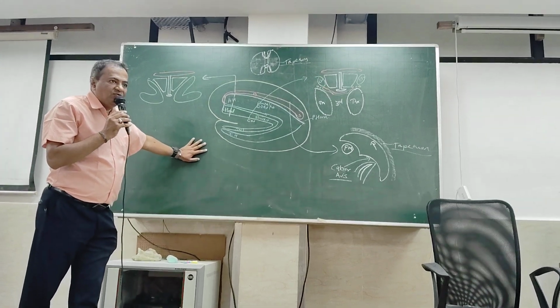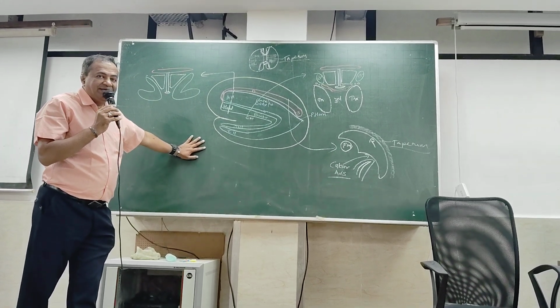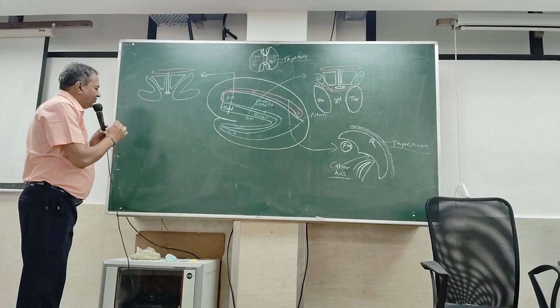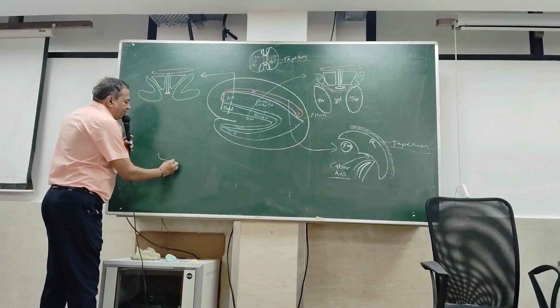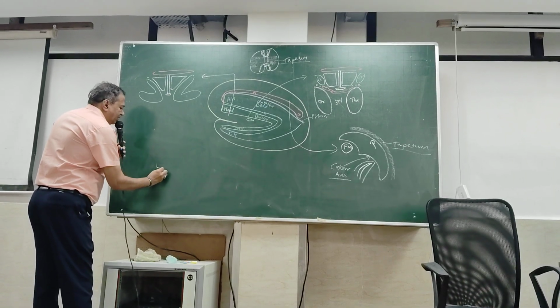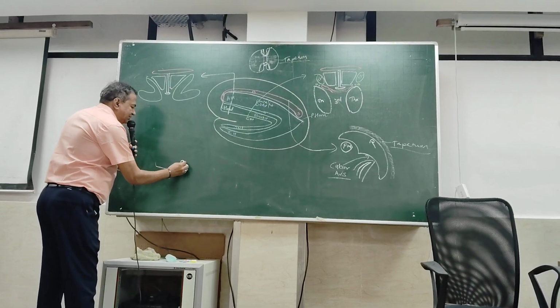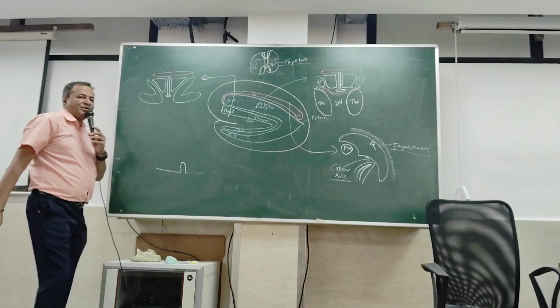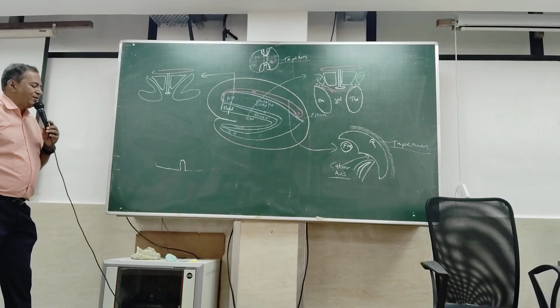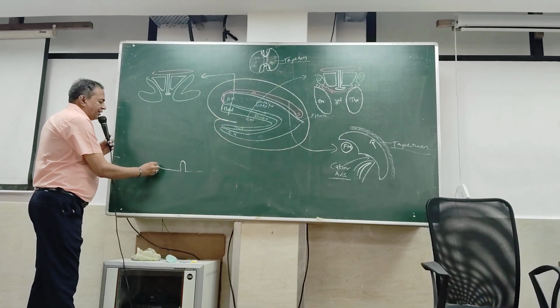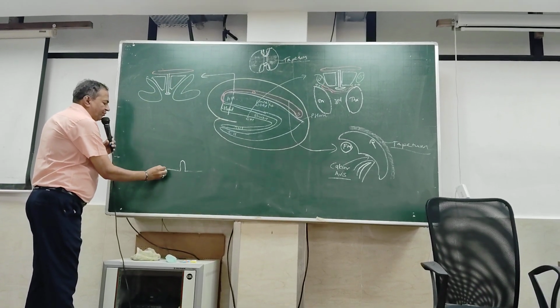Inferior view of the cerebrum, we had seen parahippocampal gyrus. Remember? Parahippocampal gyrus. Then after that there was the collateral sulcus. Then parieto-occipital.